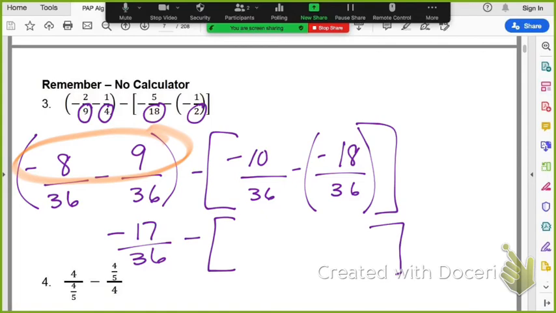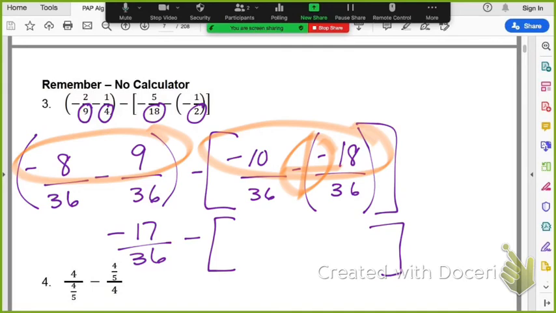Then I have this minus bracket. Let's try to work in the bracket now. So the first thing I see is this minus a negative. What can I do with that? Make it a positive. I can make it positive. So I'm just going to put a big old plus there. Minus a negative is the same as plus.